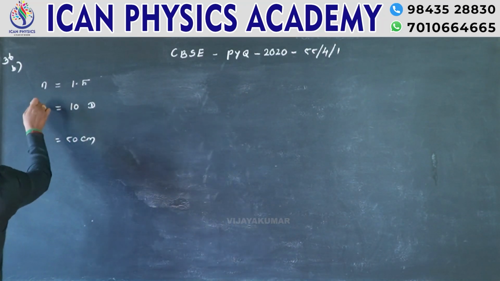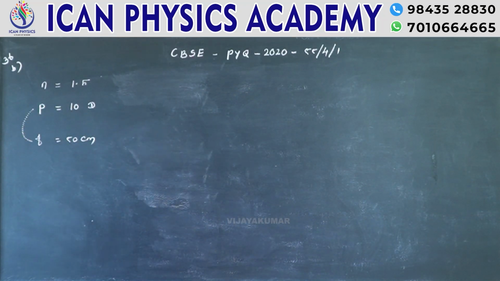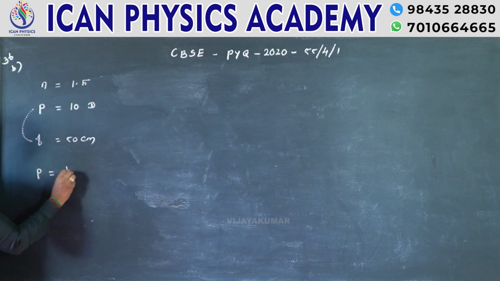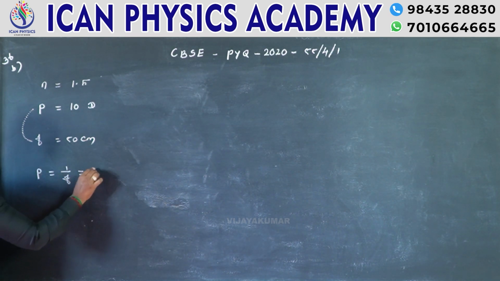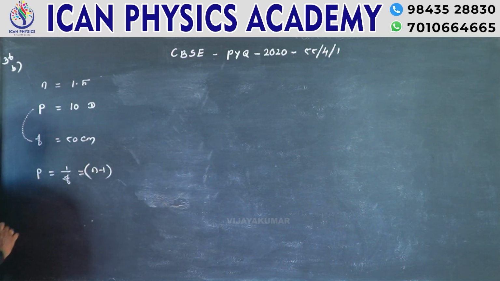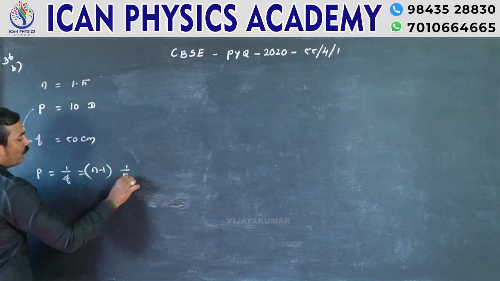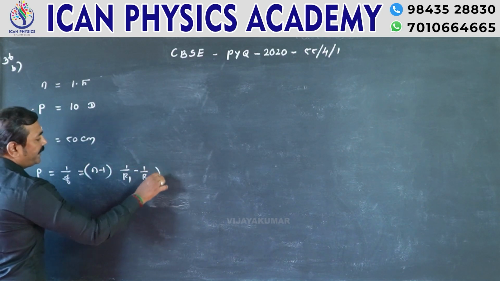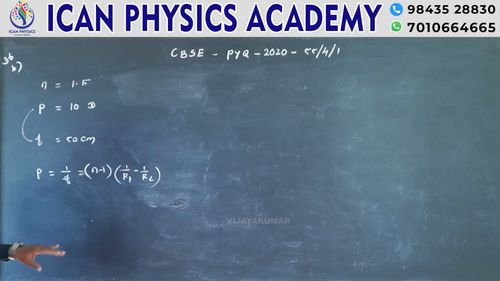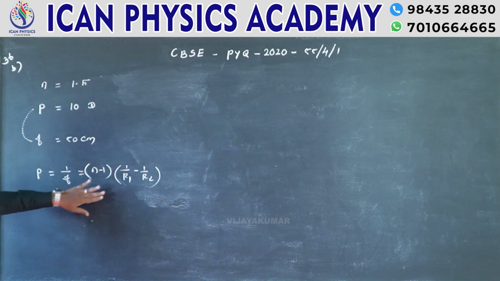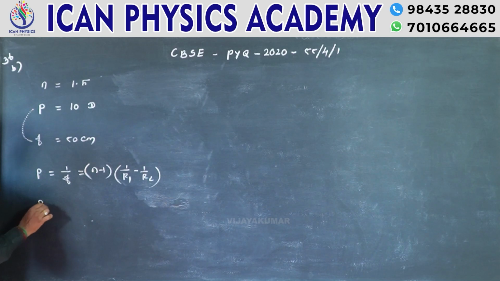So how can we relate power and focal length? First, power equal to 1 by f equal to (n minus 1) into (1 by R1 minus 1 by R2). Now we have two cases: when it is kept in air and when it is kept in liquid. So I want to modify this formula. Now what is P1?